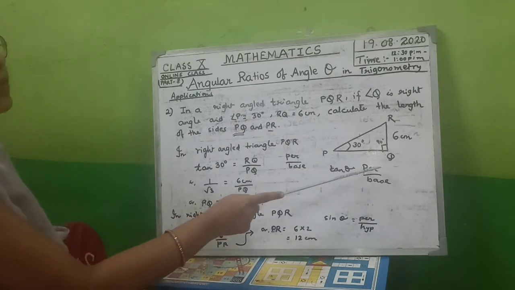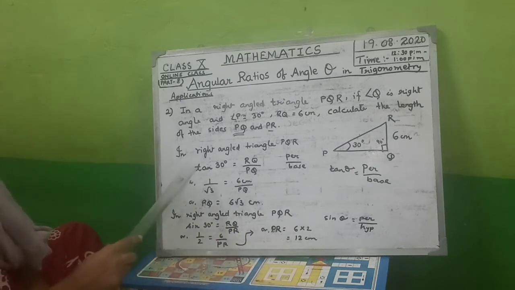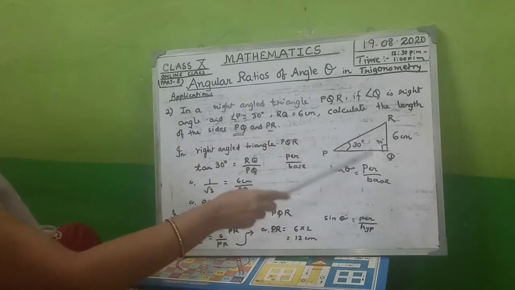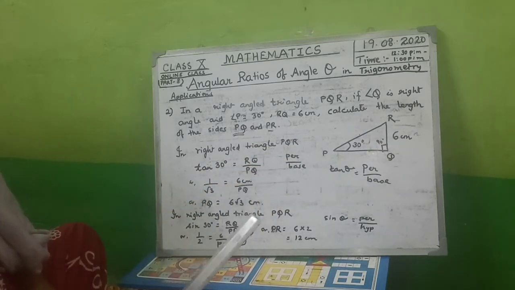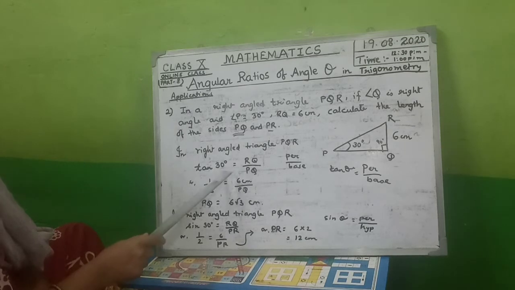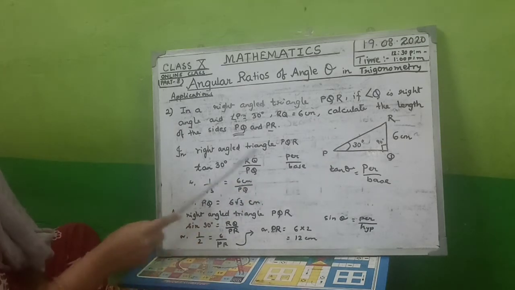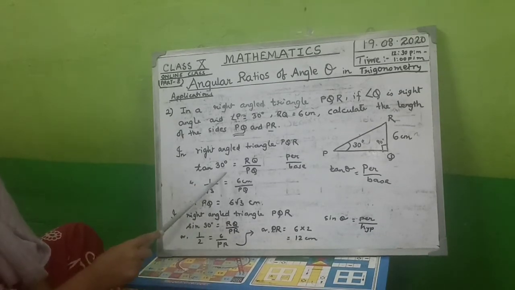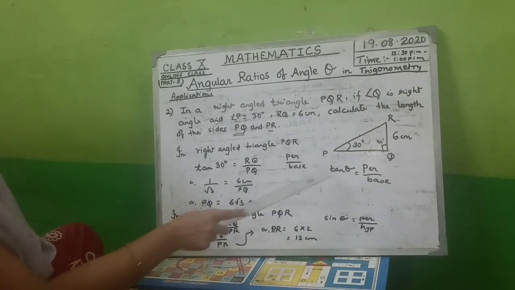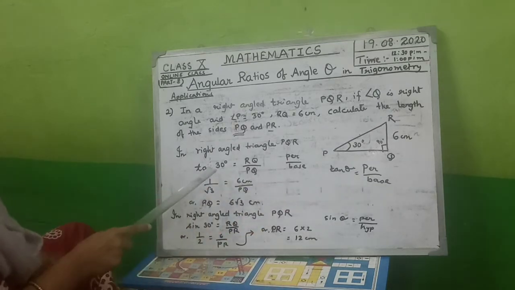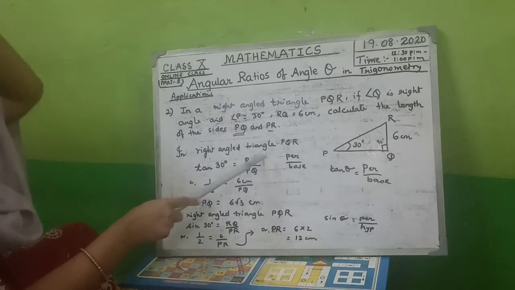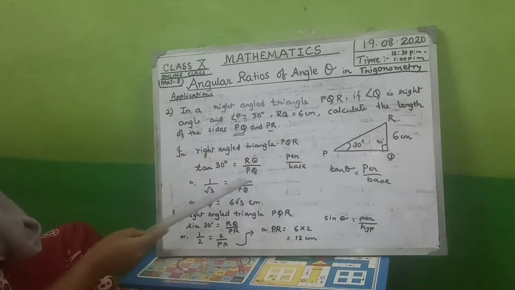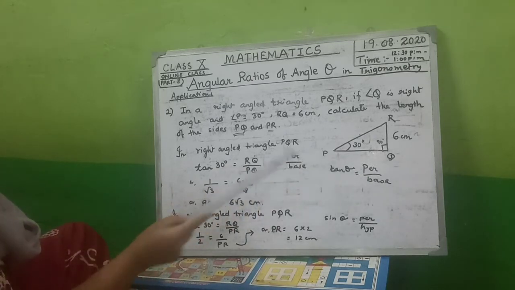Tan theta is perpendicular by base. Perpendicular is RQ and base is PQ. So tan 30 is equal to RQ by PQ.